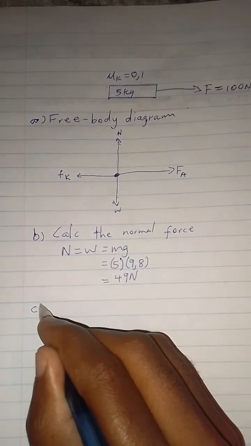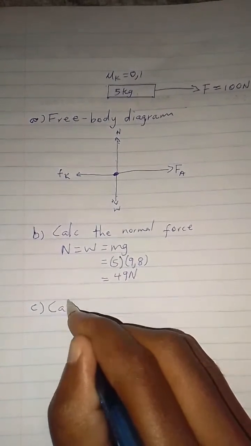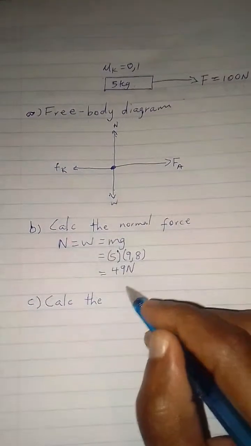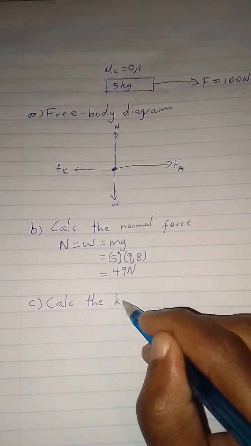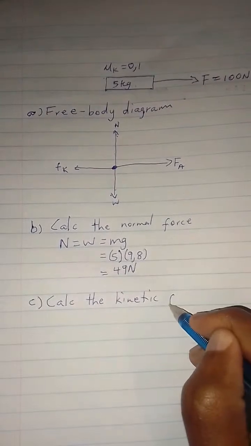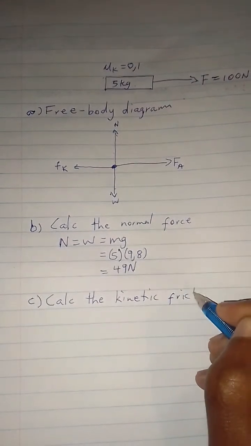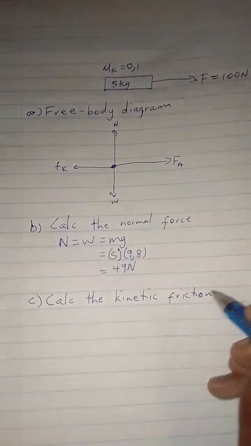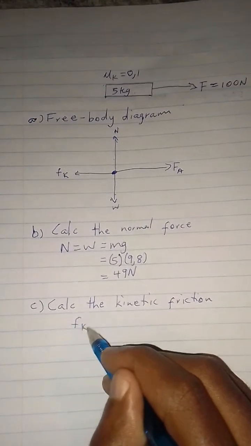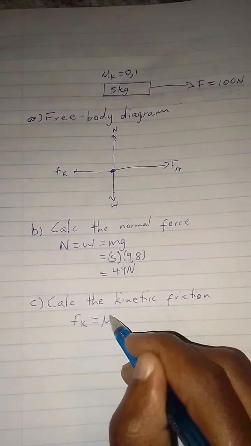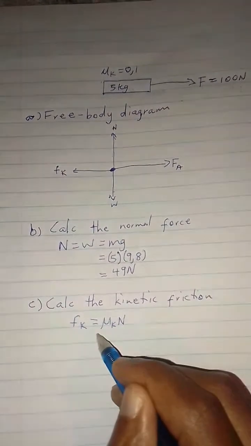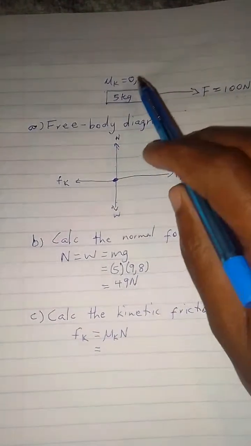Then C, they say calculate the kinetic friction. So how do we calculate the kinetic friction for this block? The formula for friction is Fk equal to mu k N. So mu k, we are given the mu k there.